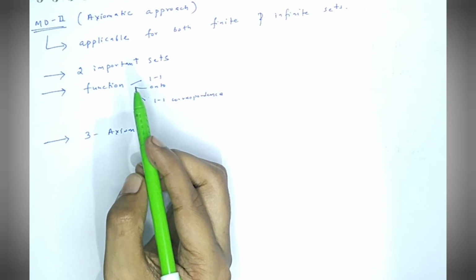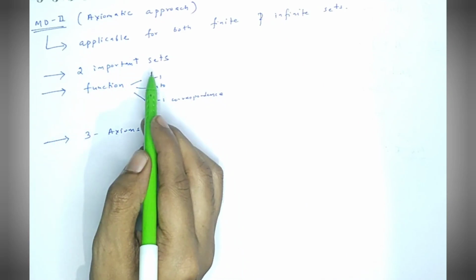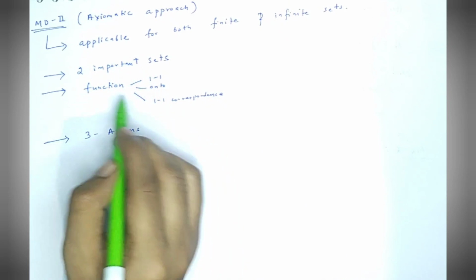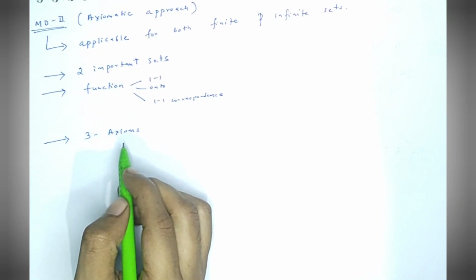In these methods, we need three things: two important sets, a concept of function, and three axioms.